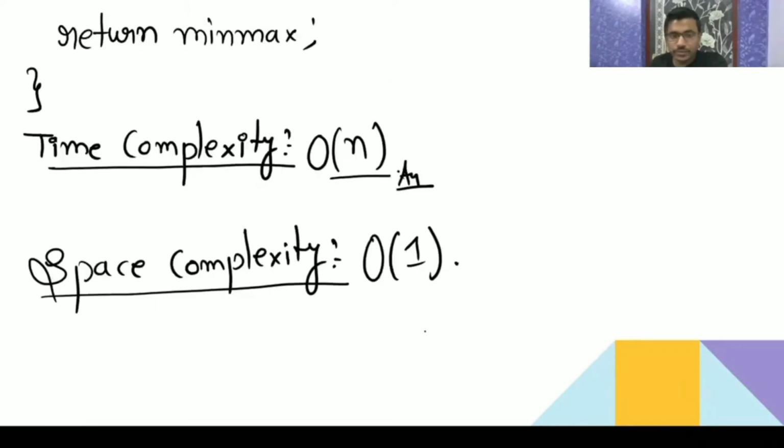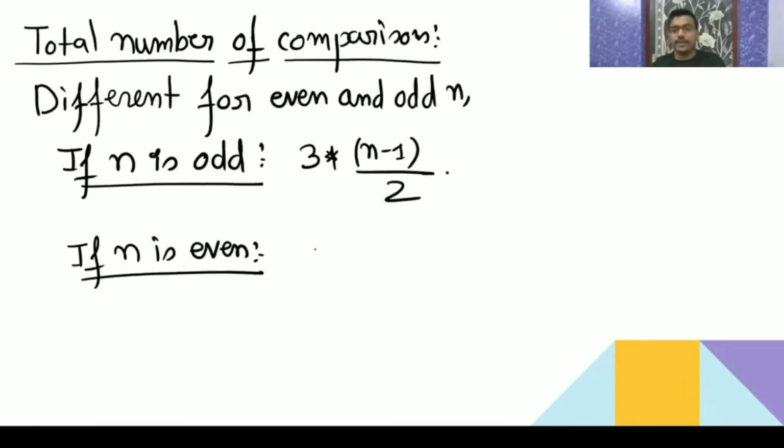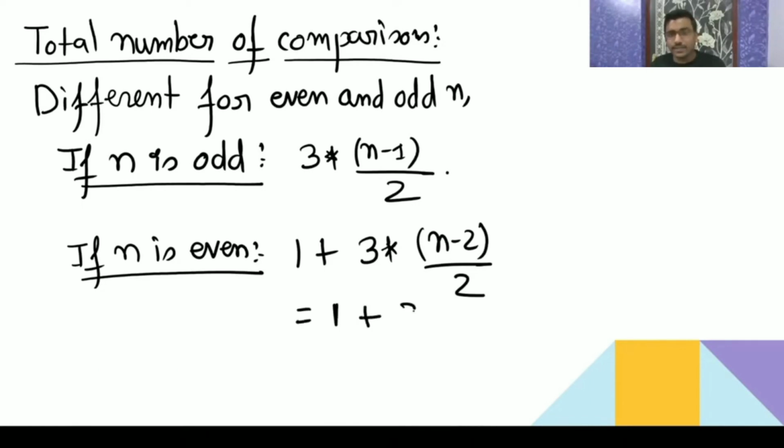So if n is even, then 1 plus 3 into n minus 2 by 2, that is 1 plus 3n minus 6 by 2.